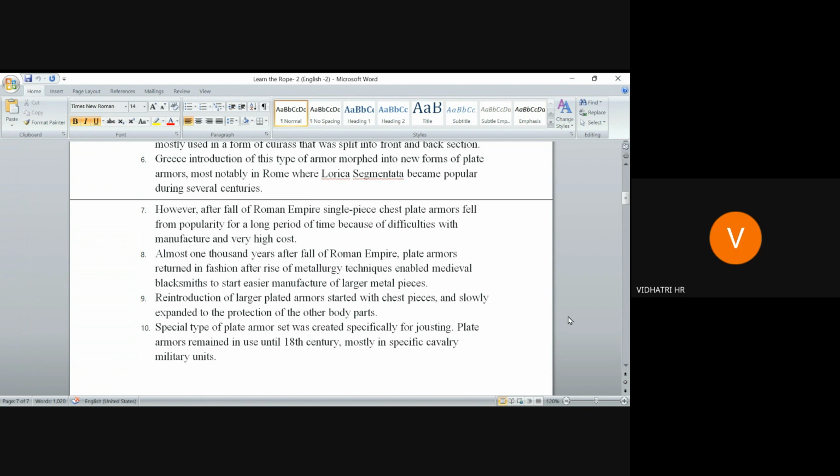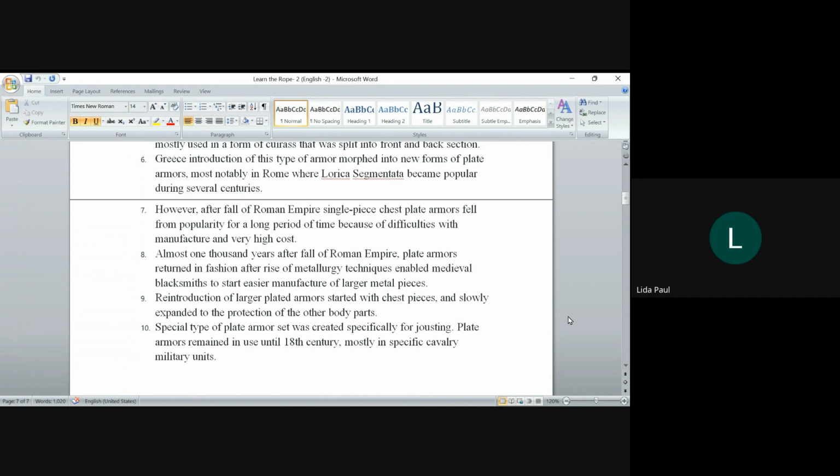No. Really? Look at it again. Almost, right? Almost is an example of an adverb. See, almost 1000 years. So it's telling you sort of frequency, right? Nothing else in that line. Everything else is mostly adjectives and nouns.